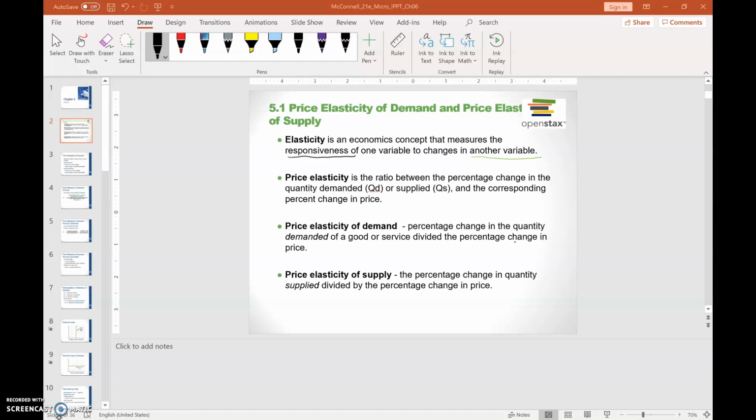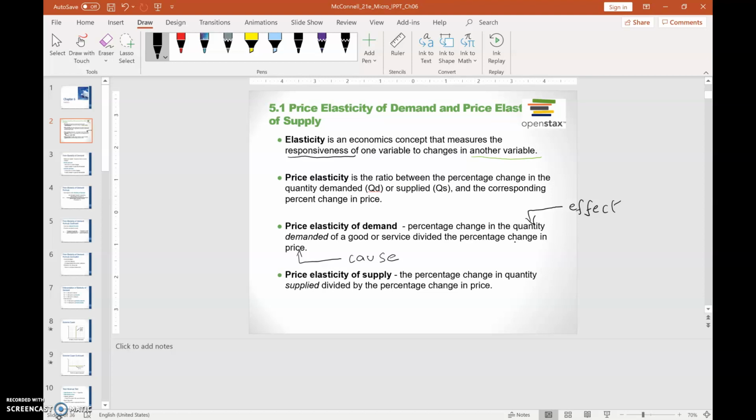So price elasticity of demand, this shows us the percentage change in quantity demanded over the percentage change in price. That means this is going to be the effect, and percentage change in price, this will be the cause.